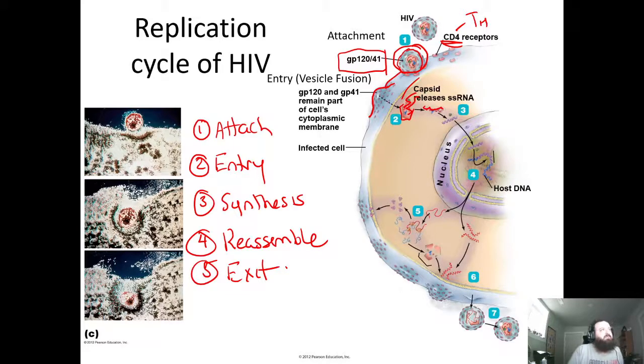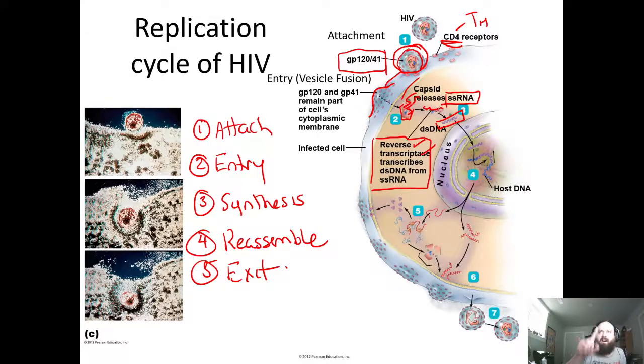So the capsid then releases its single-stranded RNA, and then that first enzyme in the capsid becomes active. That's called reverse transcriptase. And as I said, reverse transcriptase takes the single-stranded RNA of the virus genome and converts it into double-stranded DNA. Remember, what's in our nucleus is double-stranded DNA as well.